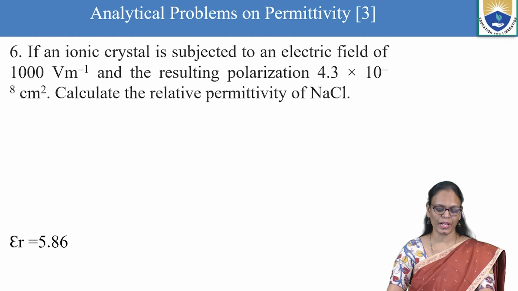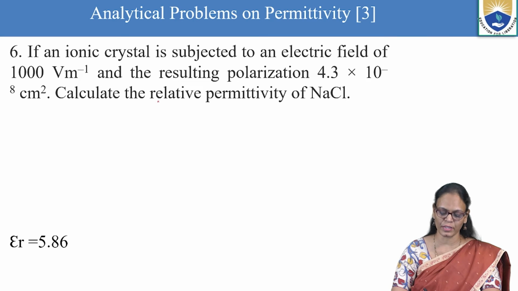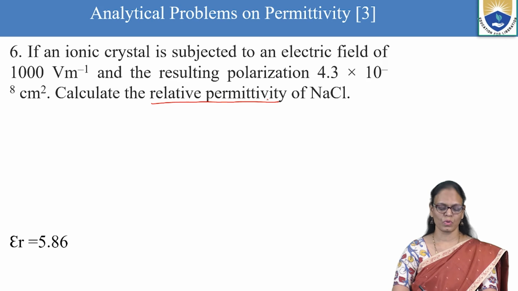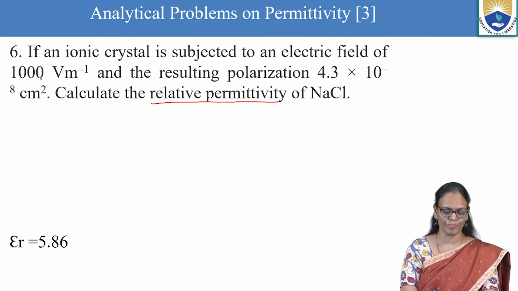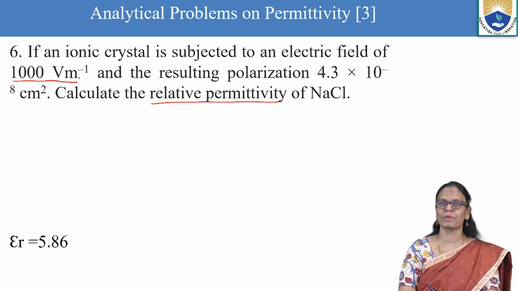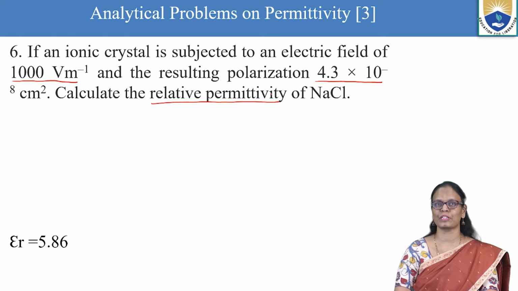Now coming to another problem on relative permittivity. We are going to calculate the relative permittivity. If an ionic crystal is subjected to an electric field of 1000 volt per meter and the resulting polarization is 4.3 into 10 power minus 8 centimeter square, calculate the relative permittivity.